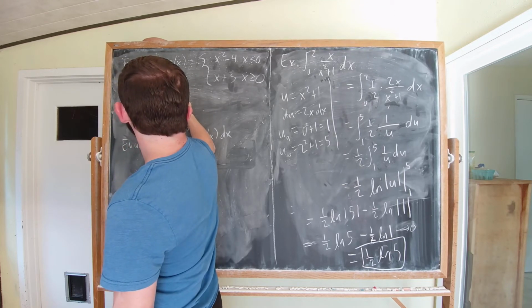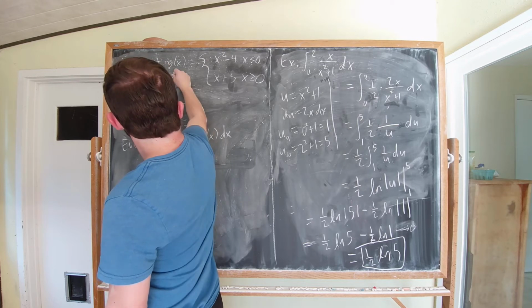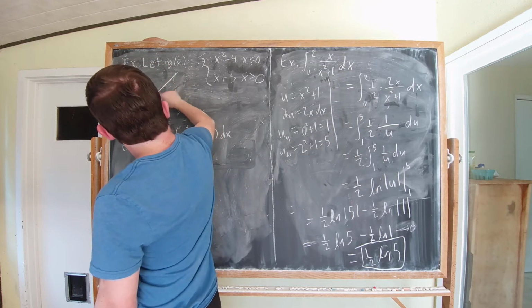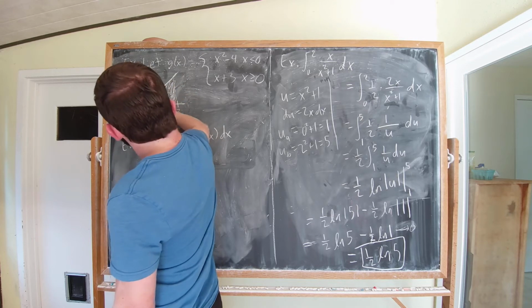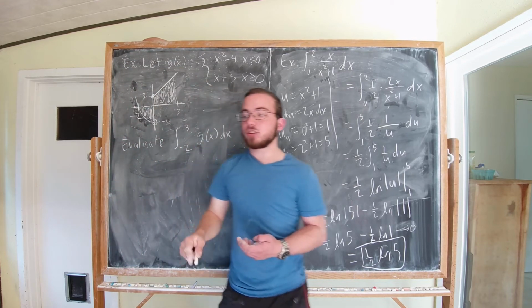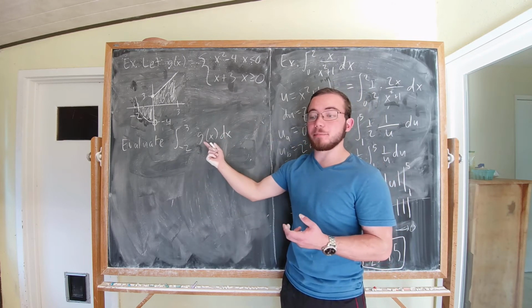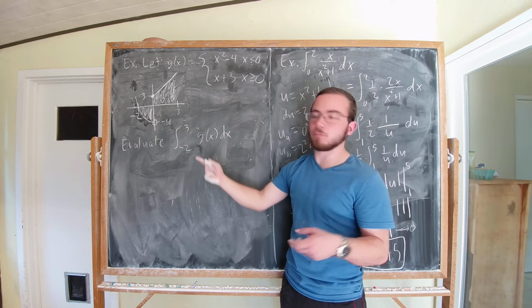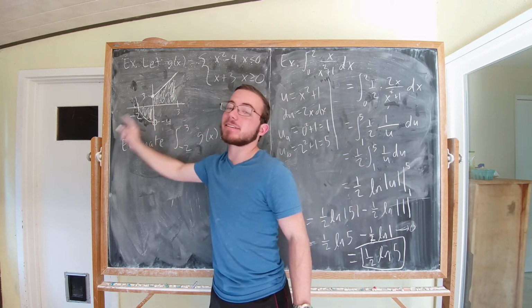And then 3 would be like here. So we want to actually find that given area, because that's what's said by this integral from negative 2 to 3. Well, we want to find that signed area, so it's really that area minus that area.